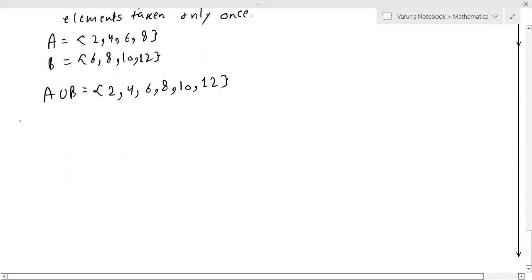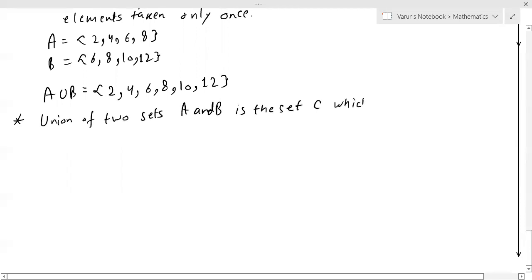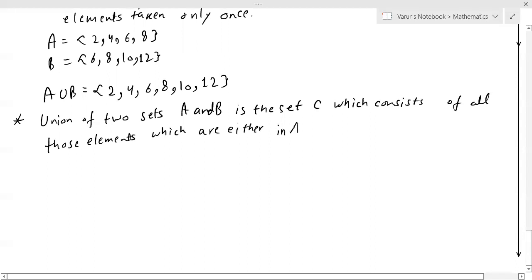Another definition of union: the union of two sets A and B is the set C, which consists of all those elements which are either in A, or in B, or in both.